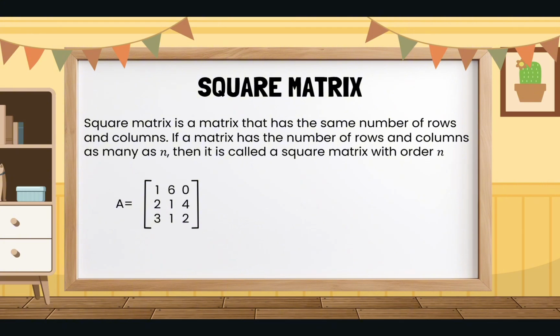For example, here we got a 3 times 3 matrix, and this 3 times 3 matrix makes it a perfect square. So that's why we call it a square matrix.